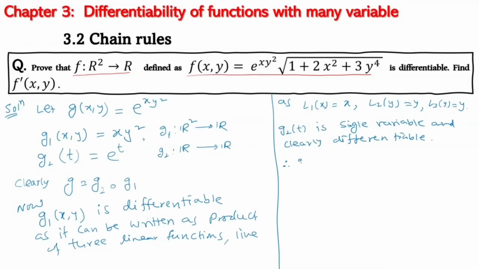Therefore, g is equal to g2 composition g1 is differentiable.